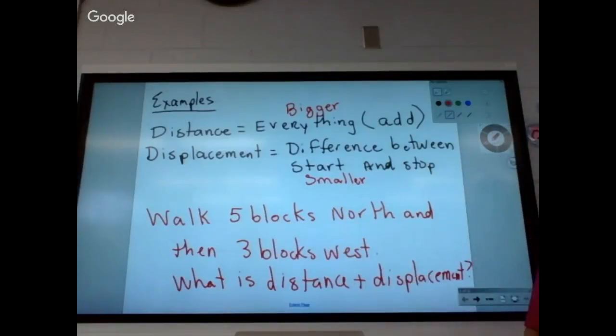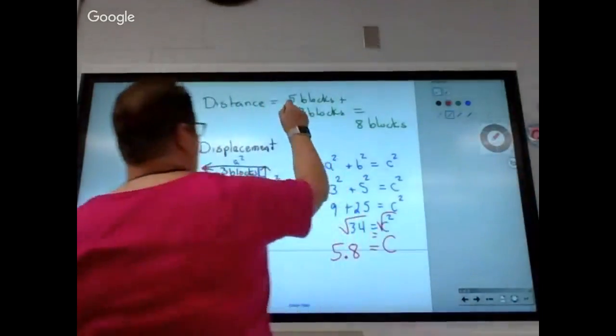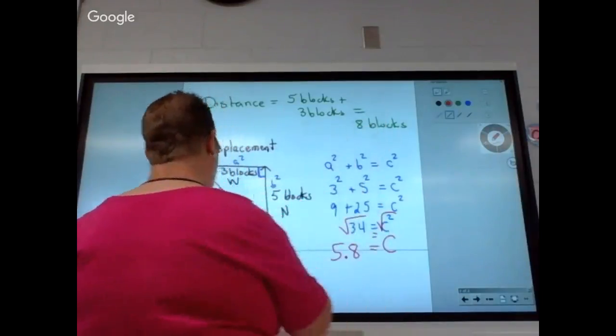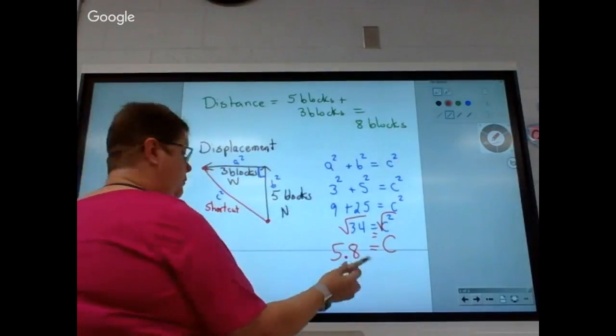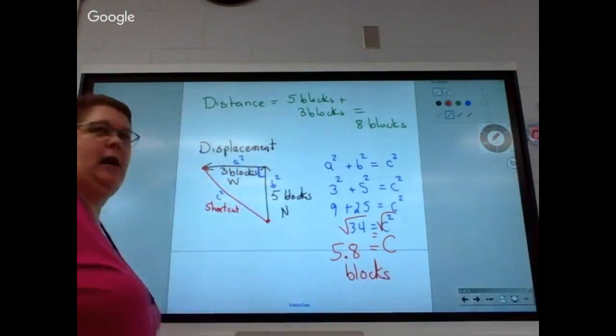Blocks. Yeah, blocks. So instead of walking, if I walk 5 blocks plus 3 blocks, I got to walk how many blocks? 8 blocks. I'm only going to walk how many blocks with a shortcut? 5.8 blocks.